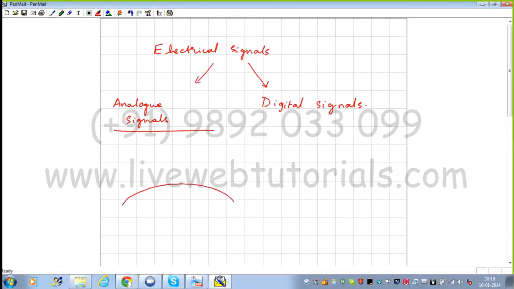this is a particular device, say an ammeter. Suppose this is 1, 2.